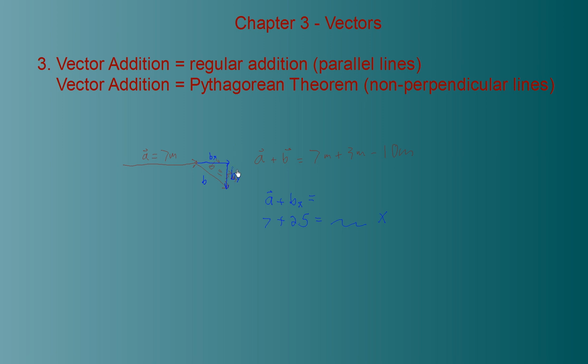And then we take the y component in the y direction, and we just make a new triangle where this leg is a plus bx, and this leg is by. We do the Pythagorean theorem, and you get the sum of it. That's vector addition for non-perpendicular vectors. I'll do an example of this from the book at some point.